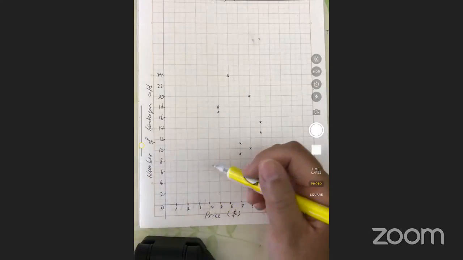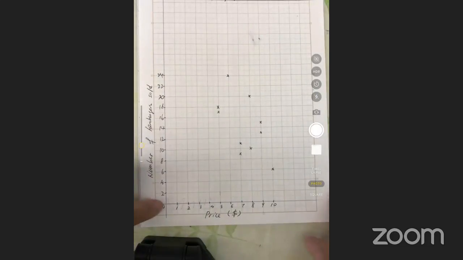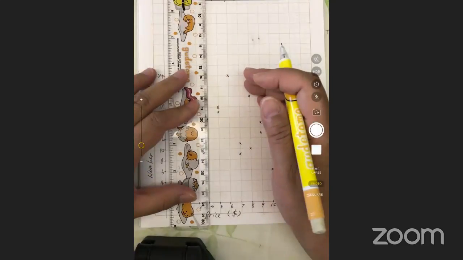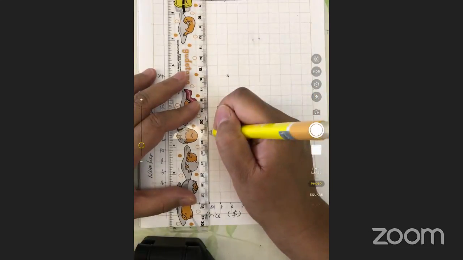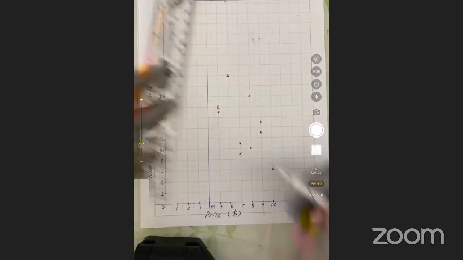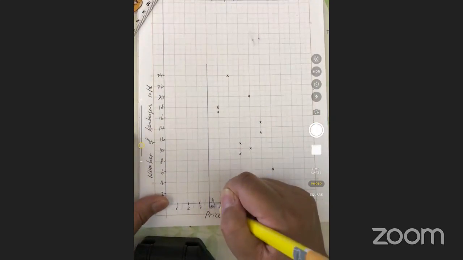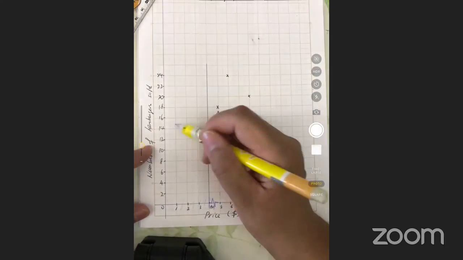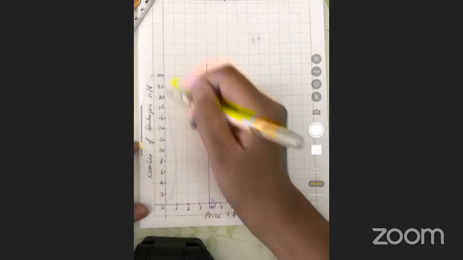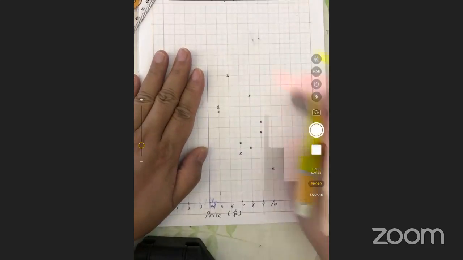If you want to skip it, then instead of drawing the axis here, you need to move the axis. We don't need this point, so we move the axis here. Do you remember this symbol? This one means we have skipped some values, and you move this part to here.